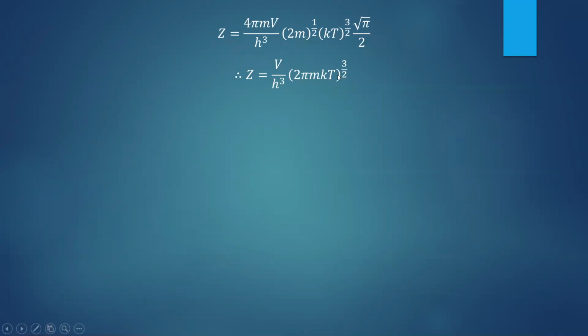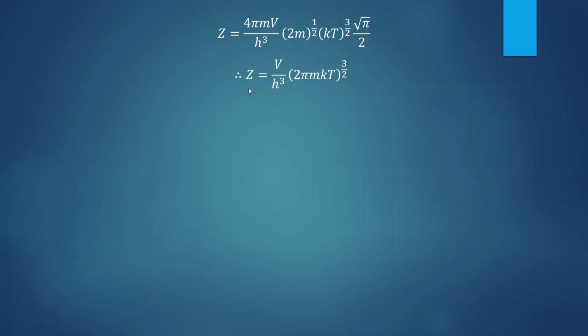So if you simplify this, you will get z is equal to v by h cube into 2 pi m kt to the power 3 by 2. So that is actually the partition function.